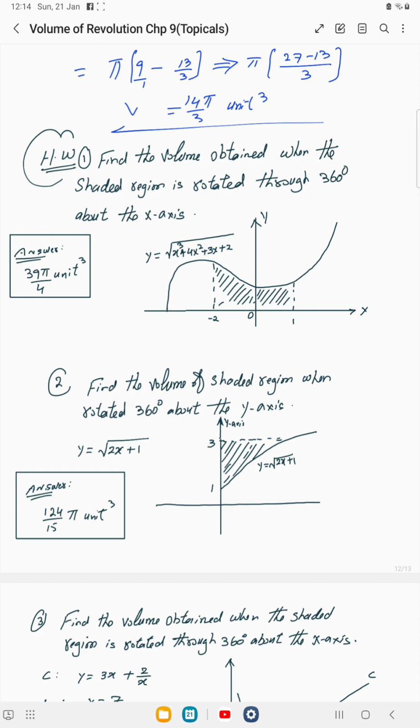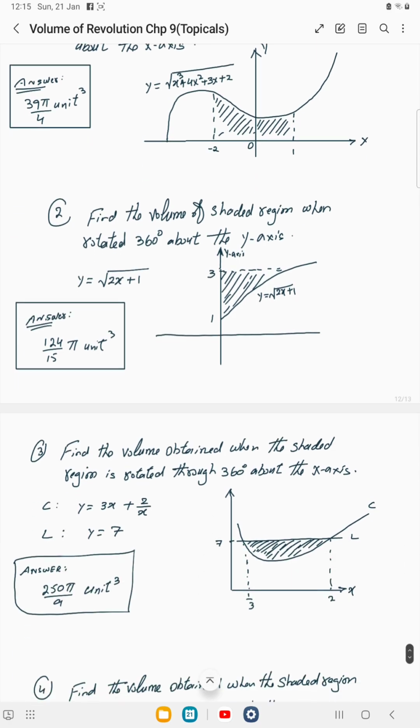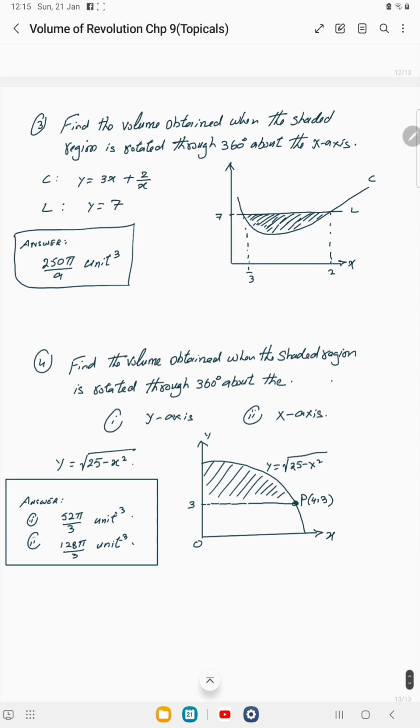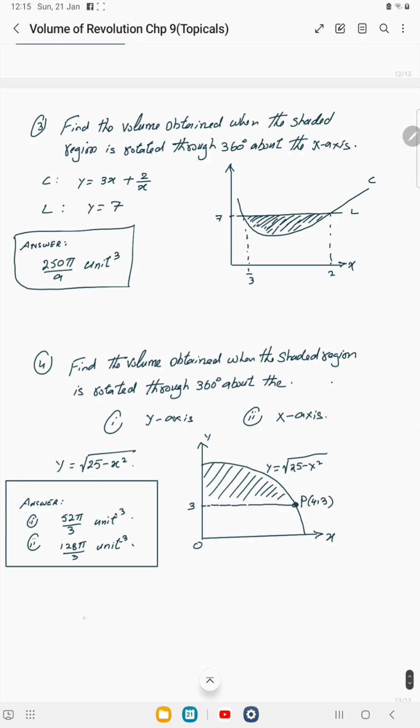You can attempt it, and along with the questions I mention the answers to justify whether your calculation is right or wrong. You can check it accordingly, right? So here are questions 1, 2, 3, and 4. I hope after listening to the videos and concepts, you can solve all of these in a convenient way.